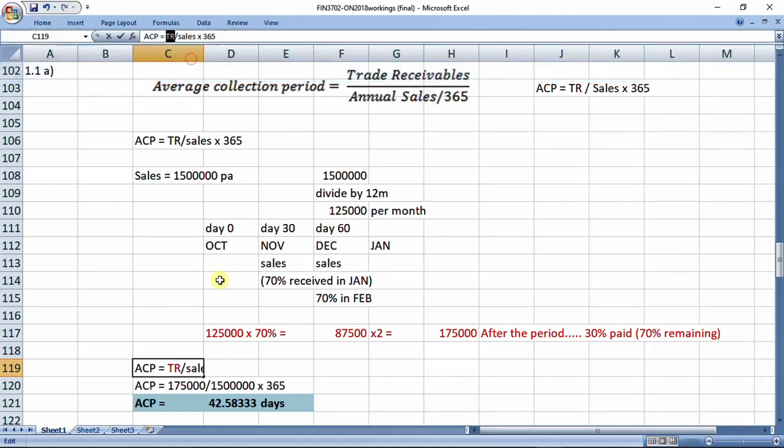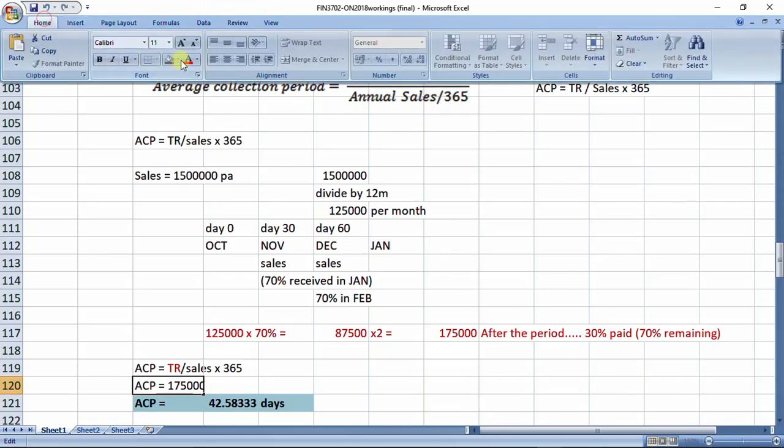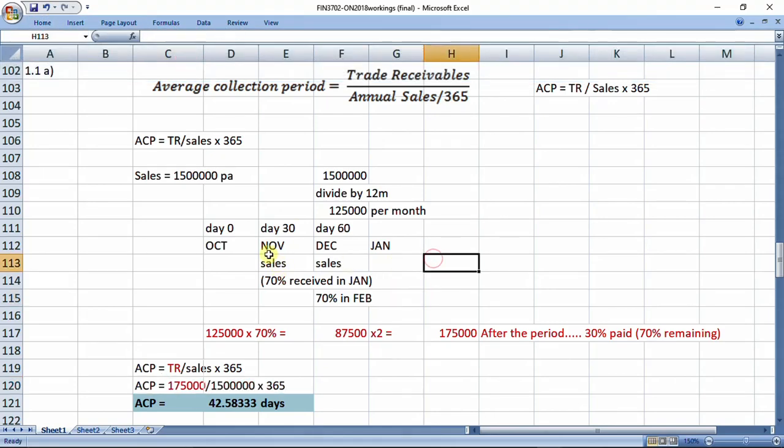So if this was day 0, maybe I'll add more workings so it makes more sense. Day 0, this would be day 30, and this will be day 60. When I'm looking at the average collection period, I'm calculating how much trade receivables I have for that period divided by the annual sales.